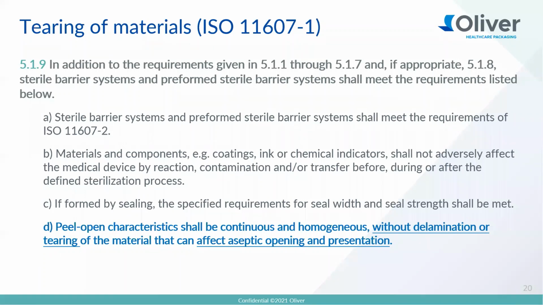So it says that basically delamination or tearing of materials that can affect aseptic opening and presentation, which means that it's not that you can have no delamination or tearing, it's only ones that can affect aseptic opening and presentation. Now, the historical interpretation of that meant things like encapsulation.